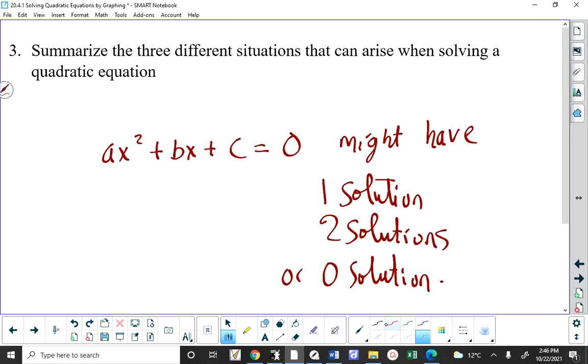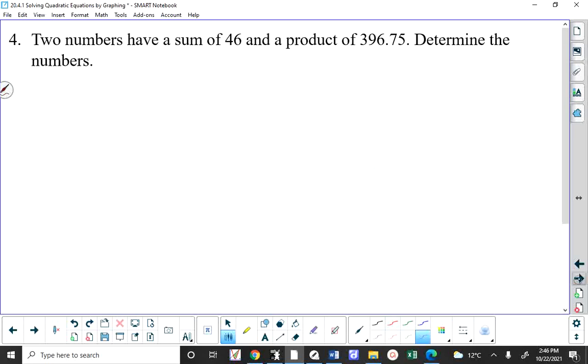There's a way to look at the numbers and know whether there's going to be 1, 2, or none. And when you do learn the algebraic methods here, it's going to be a very powerful tool. This graphing calculator will get a little clunky after a while with certain processes.